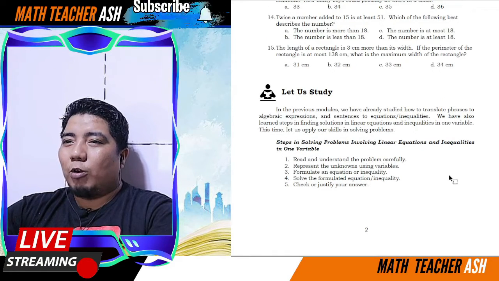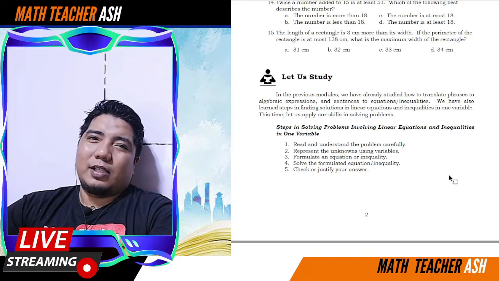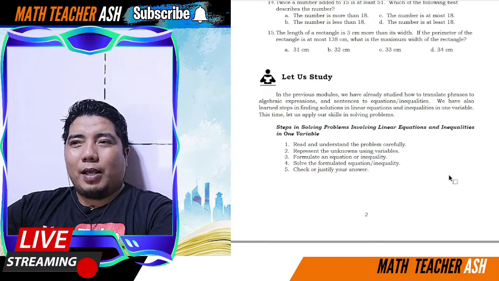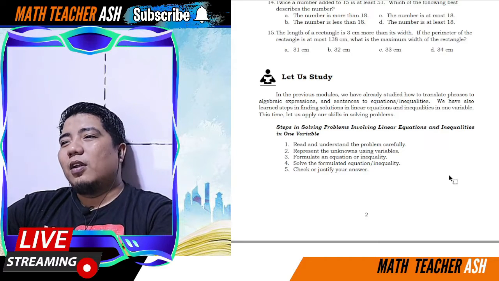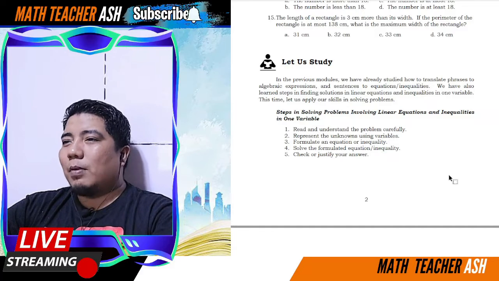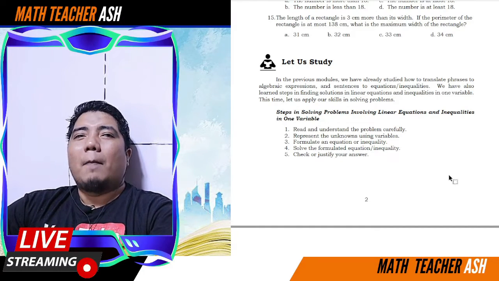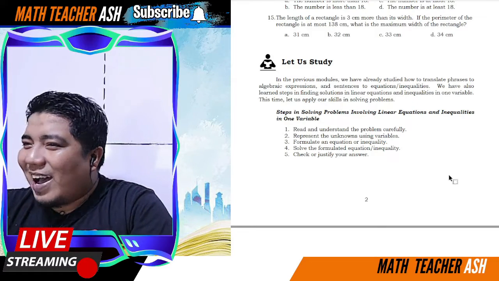So ano nga ba itong Module 7 ng grade 7? So of course, in solving problems, we need to consider steps in solving. So ano nga ba yun? Number 1, kailangan basahin at intindihin mabuti ang problema. Of course, paano mo sasagutin ang isang problema kung hindi mo naman naiintindihan? Alright.